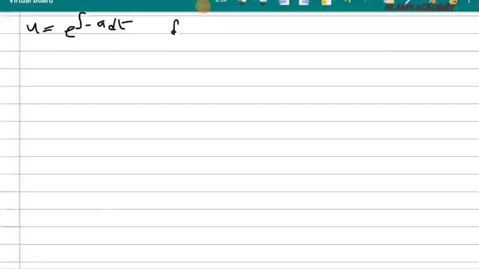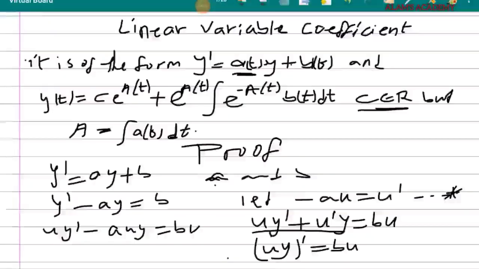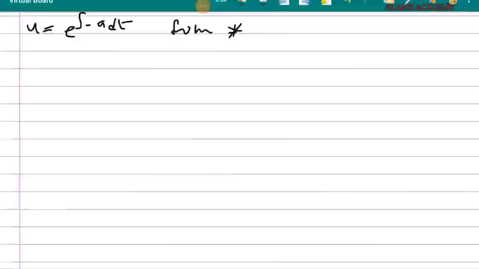So from star, from this one we can find the u. So we say that negative a u is equal to u prime, right? So divide through by u, I have u prime over u equal to negative a.